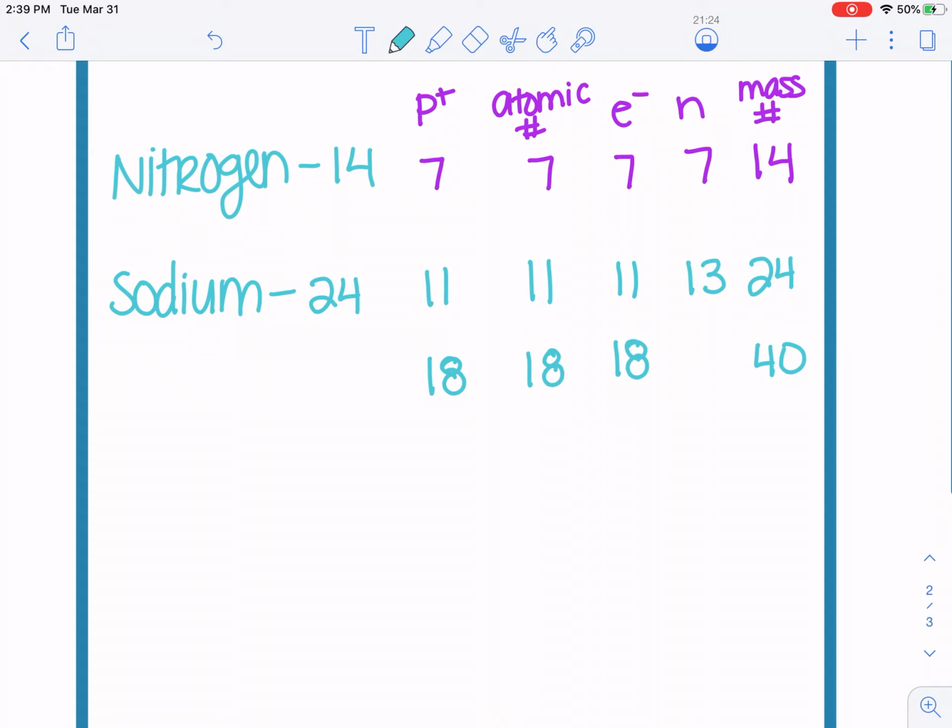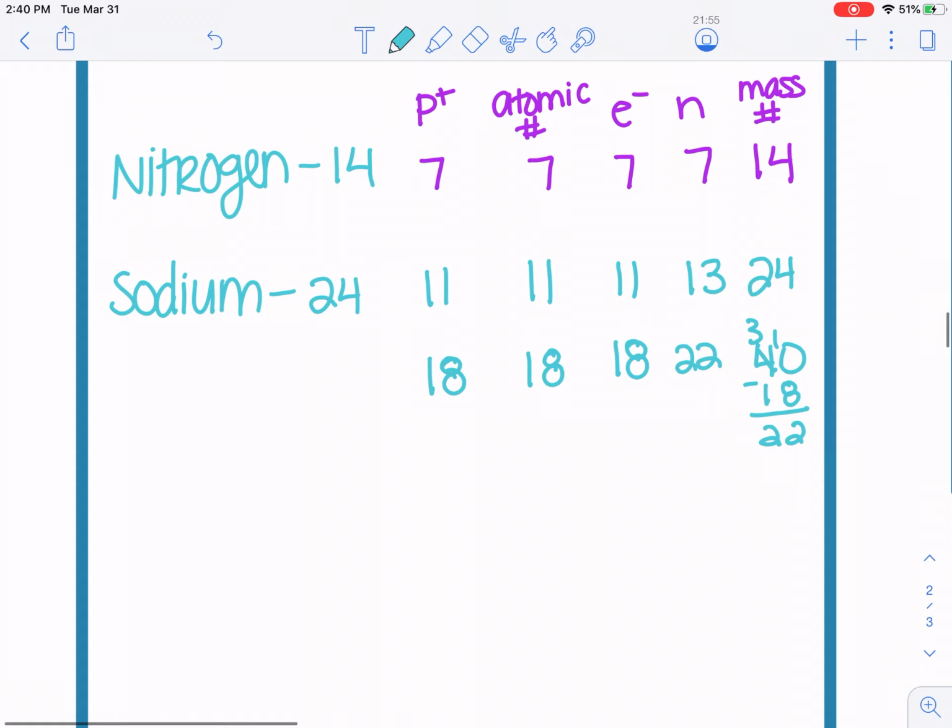And then we have to think neutrons. To find neutrons, I need to take 40 minus 18, which is 22. Usually the number of protons is pretty close to the number of neutrons. As the atom gets larger, the numbers can get farther apart, but for the smaller numbers, they are going to be very close to each other.